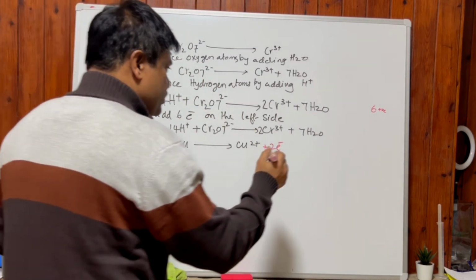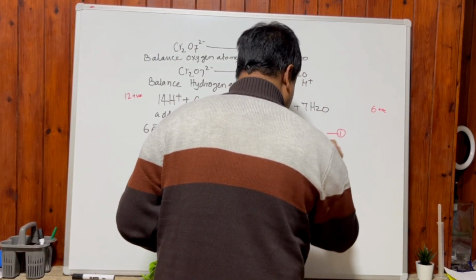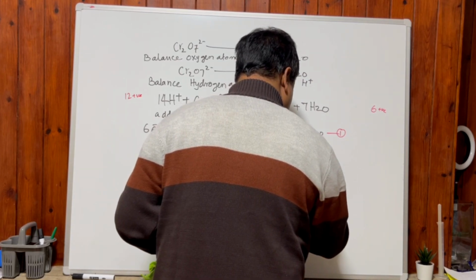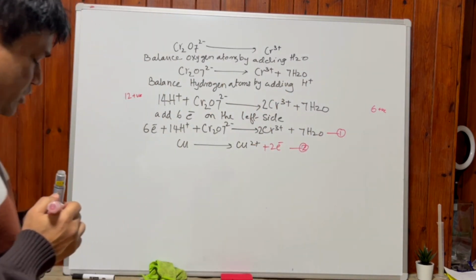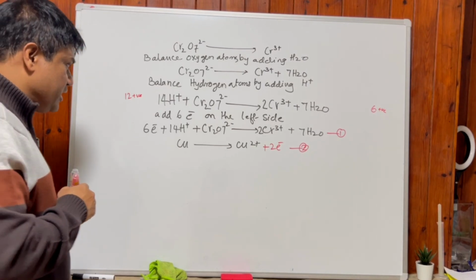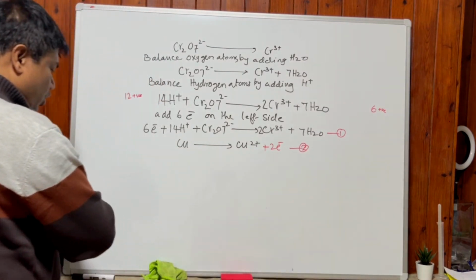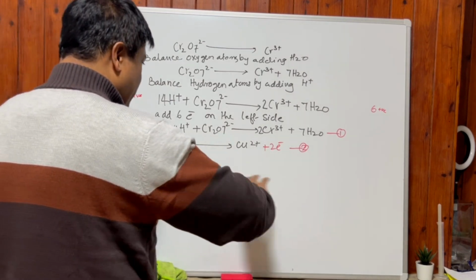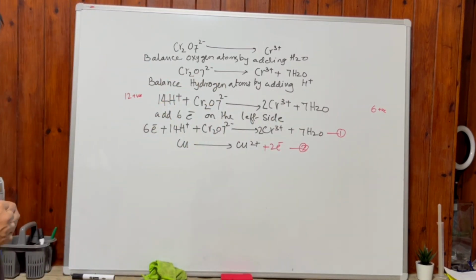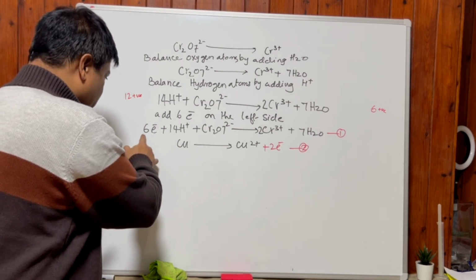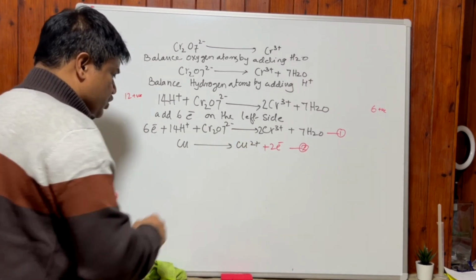So this is my equation 1. That's my equation 2. We have to add both equations in such a way that we cancel the electrons in the overall equation. The overall equation should not contain any electrons. Now, how can I cancel 6 electrons and 2 electrons?